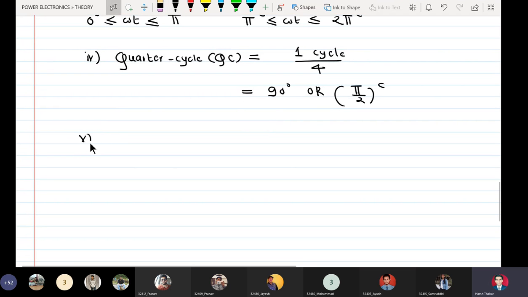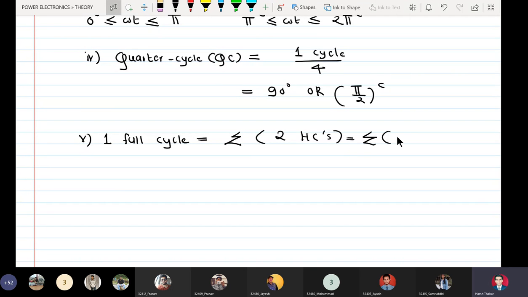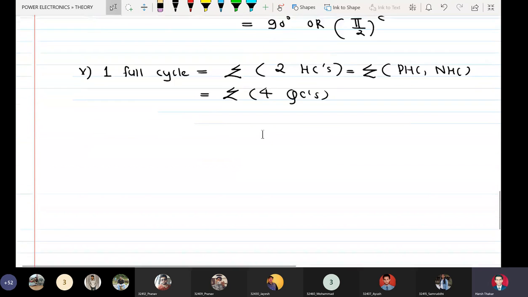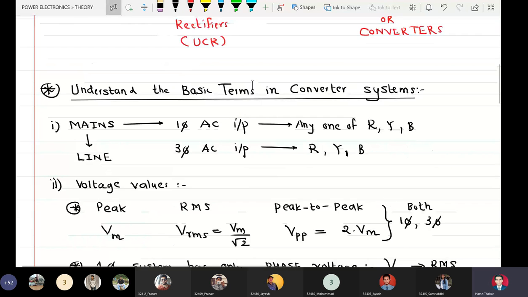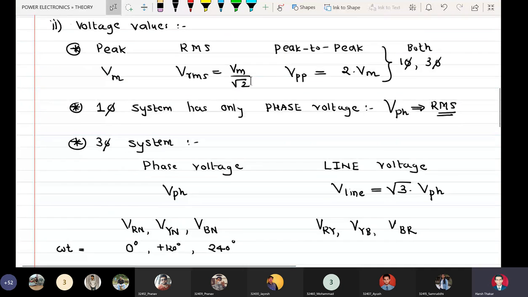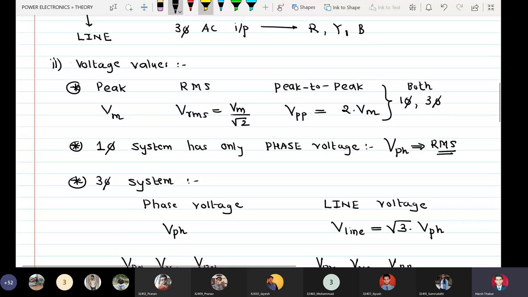So we can say that one full cycle is a combination of two half cycles, that is a combination of positive half cycle and negative half cycle. It's a combination of 4 quarter cycles. So we should be very clear about all these things here.